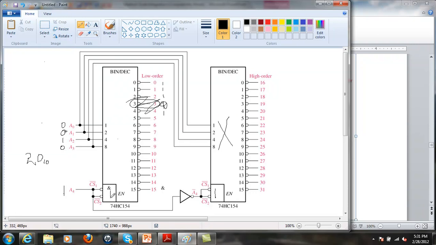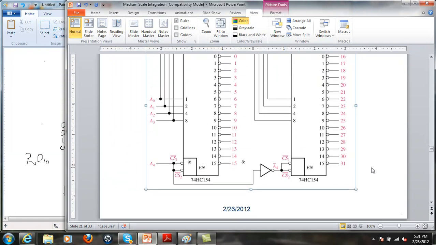Now this is a 1 and this is a 0, so this is the chip that functions now. And this one is off. So this one has no effect on this output anymore, and instead it's going to go to this one. This is going to be activated. The rest of these are going to be 1. Okay, so you use these enable bits to expand the range.